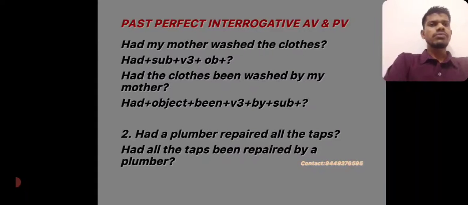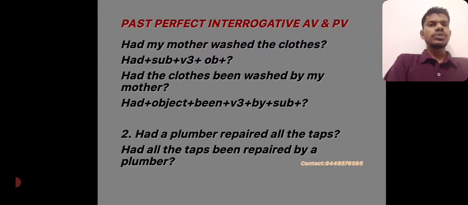Next one, how to convert this one to passive form? Have to use had plus object plus been plus V3 followed by then the subject. Had the clothes been washed by my mother? Had is used, the clothes object next is used, then been, then V3 by subject, at the end I use the question mark also.